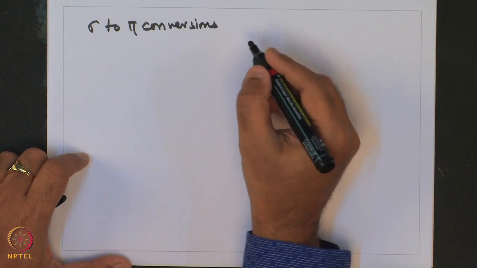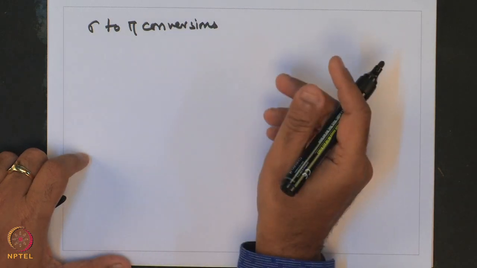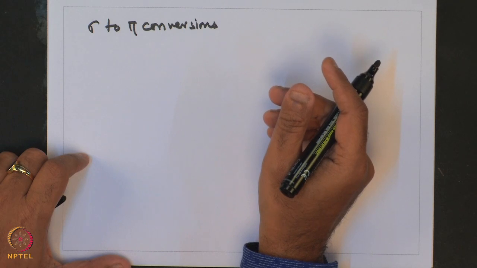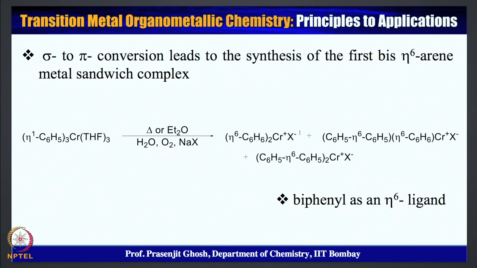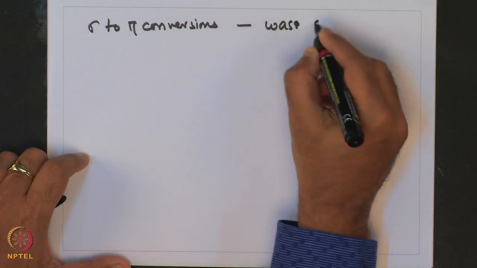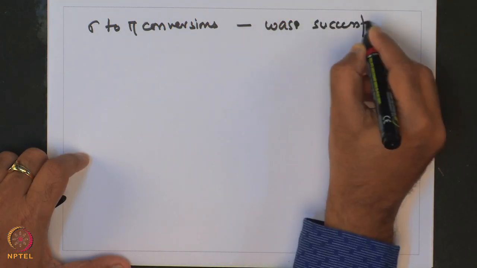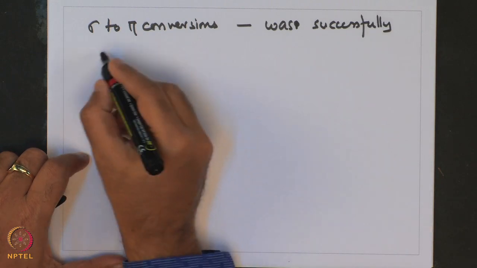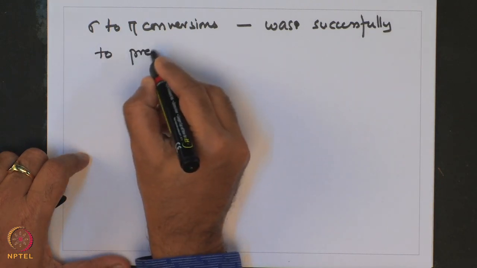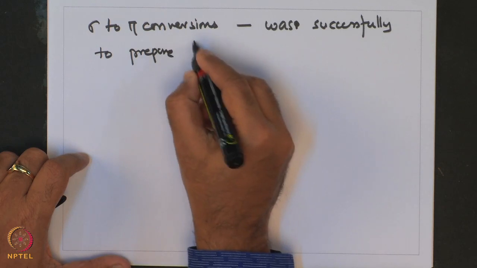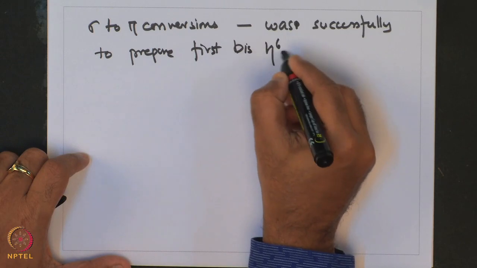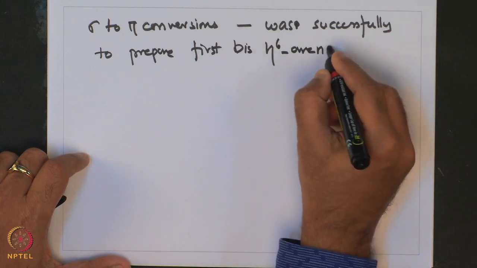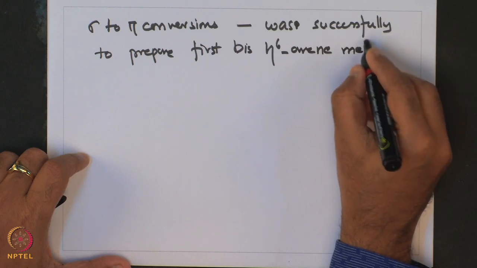And this is an interesting way in which a metal aryl sigma bond gets converted to a pi bond, and it was successfully used to prepare the first bis-arene metal sandwich complexes.